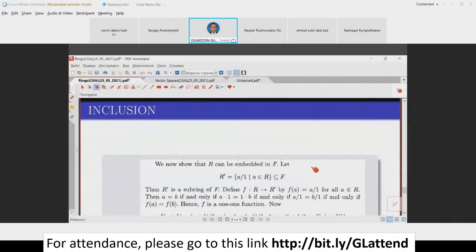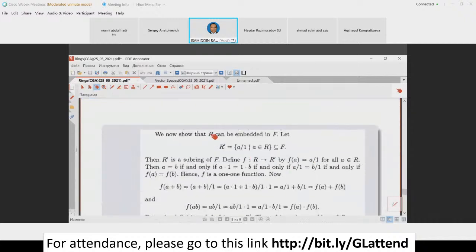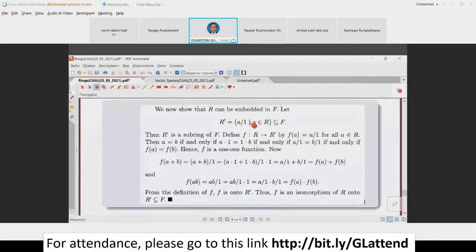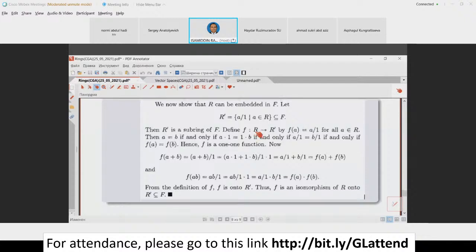Now, that ring R has its copy in F. The copy consists of classes of the form A over 1. For each A, you can assign A over 1. So this function is a one-to-one function.